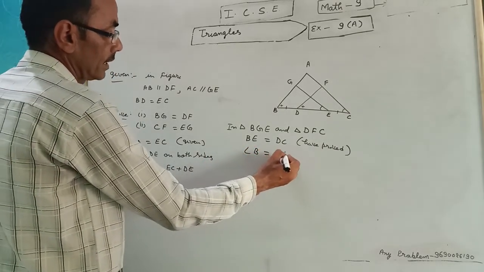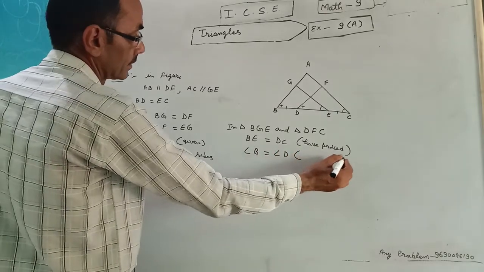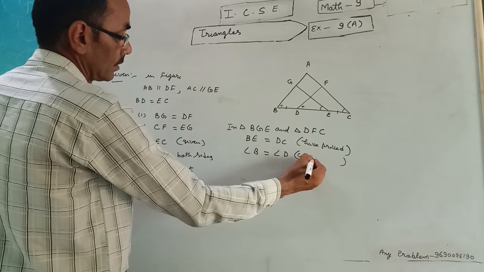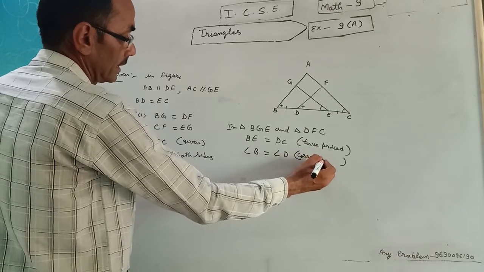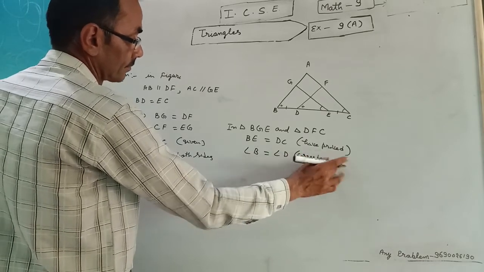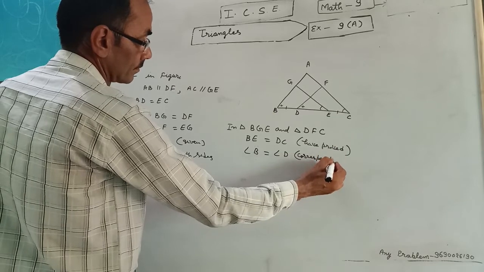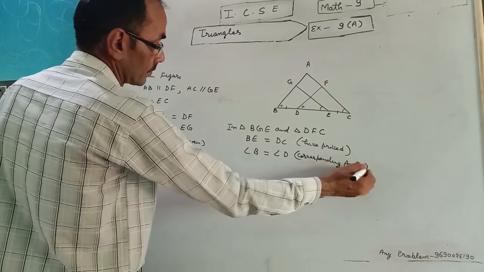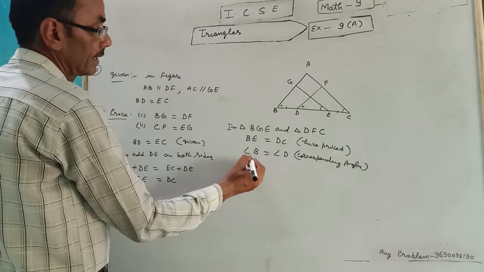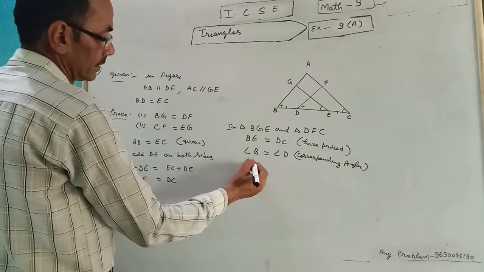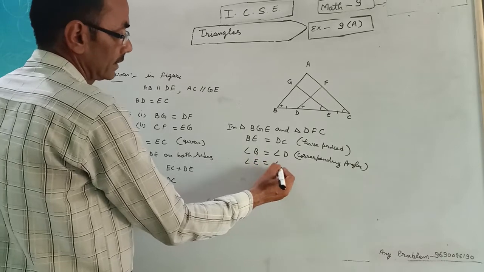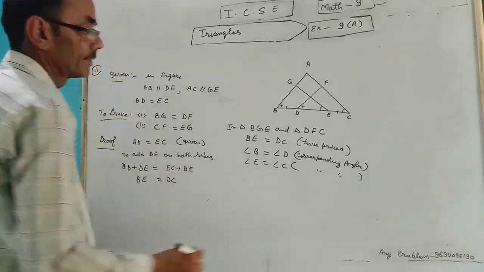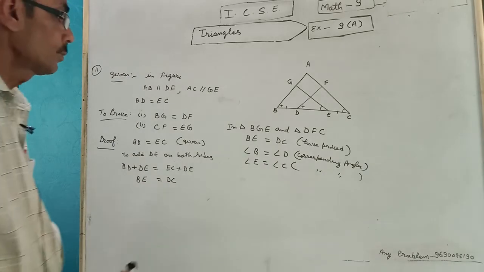We have proved angle B is equal to angle D, corresponding angles, and angle E is equal to angle C. These are also corresponding angles.